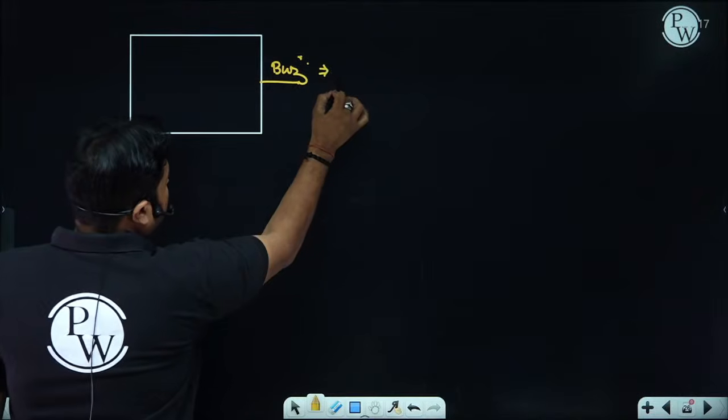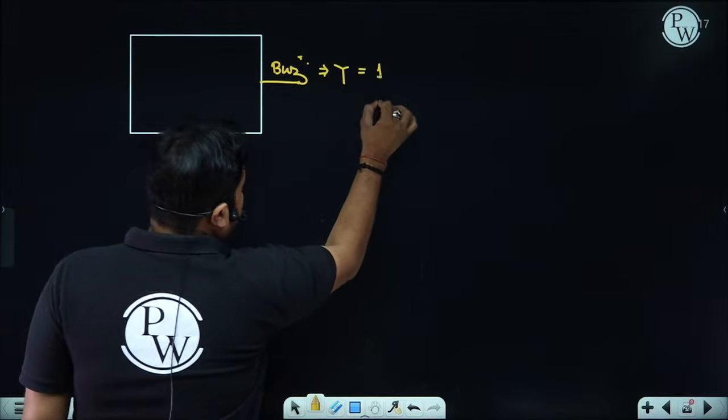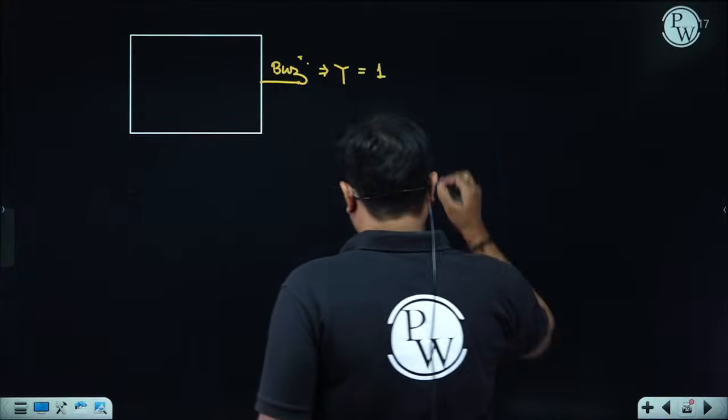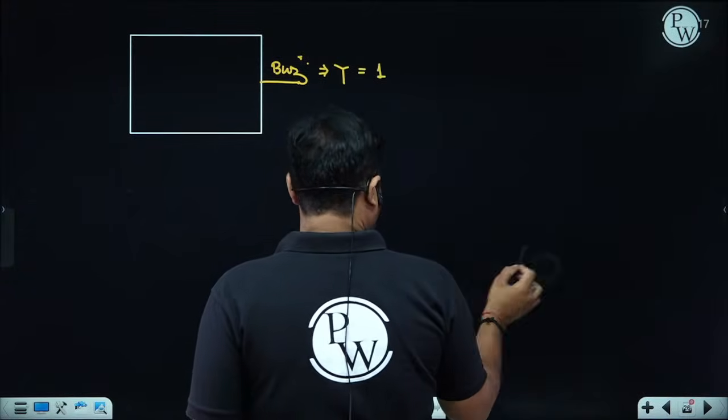Output Y equal to 1 means the buzzer is on, and output Y equal to 0 means the buzzer is off.